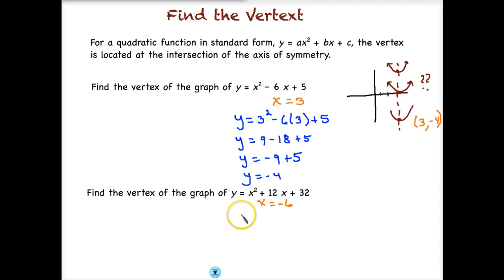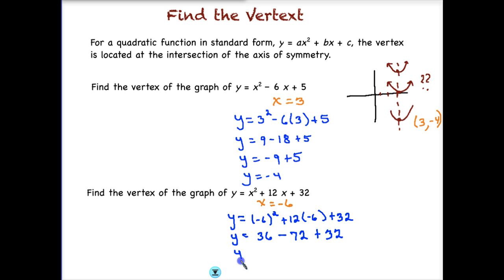Okay, so hopefully what you did is you took y equals, and I'm putting this in parentheses because of the negative, -6 squared plus 12 times -6 plus 32. So if we simplify this, a -6 times a -6 is a positive 36. A -6 times 12 is -72 plus 32.